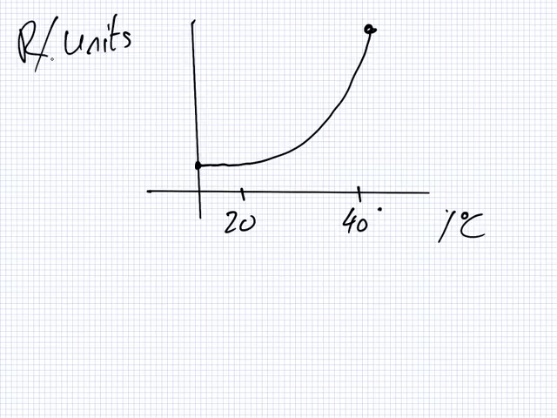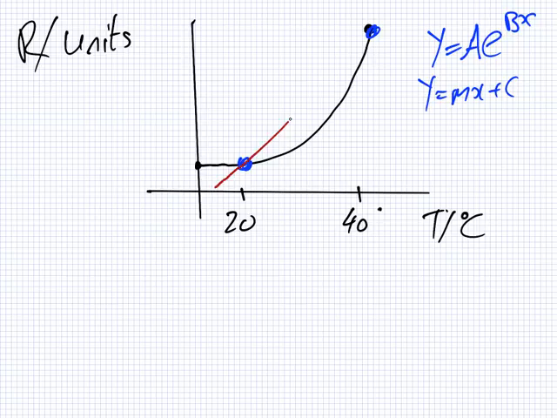This is R, and this is T. Now, what they sometimes like you to do in the exam is, in the second part of the question, they might say, instead of using an exponential model, EBX, use a linear model. So our 2 points, 20 and 40, they want you to use a linear model. In other words, they want you to find the equation of this one.